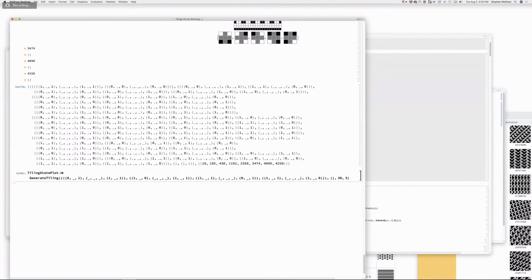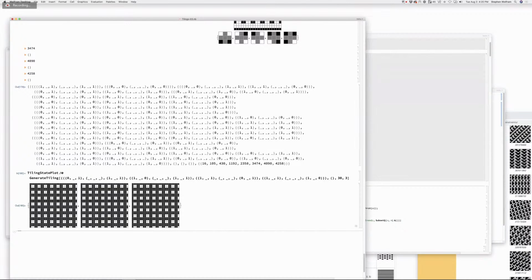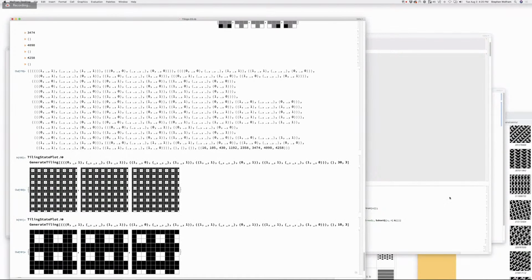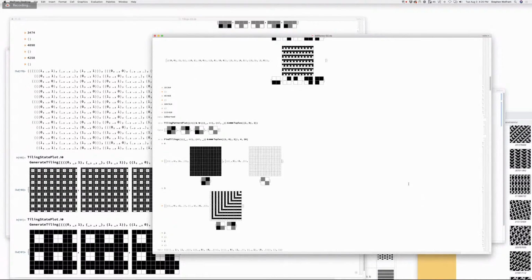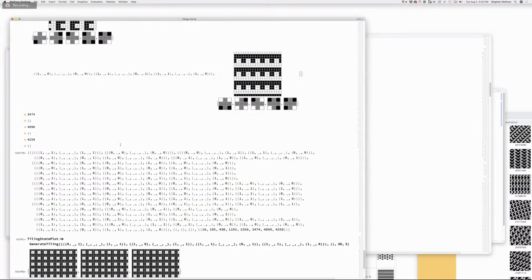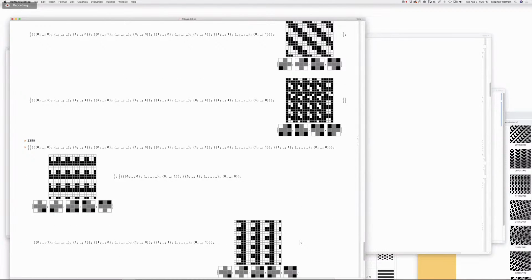What is going on? Boring. Okay, what happened there when it was smaller? Wait a minute, is this the same one? Oops, it's up here. Okay, I don't understand what happened here.